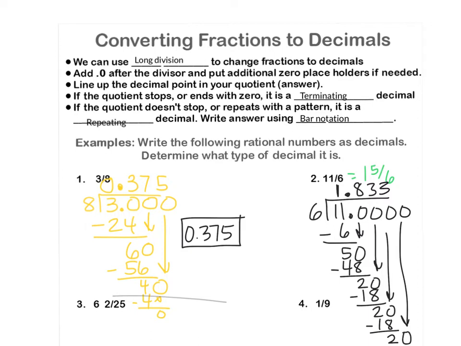Bring it down. 6 goes into 20 3 times. Hopefully you're noticing a pattern happening. We could continue, but hopefully you realize that 3 is going to keep repeating, meaning that this is a repeating decimal, 1.83333, which we can write using bar notation. The bar does only need to go over top of the 3 because that's the only number repeating.